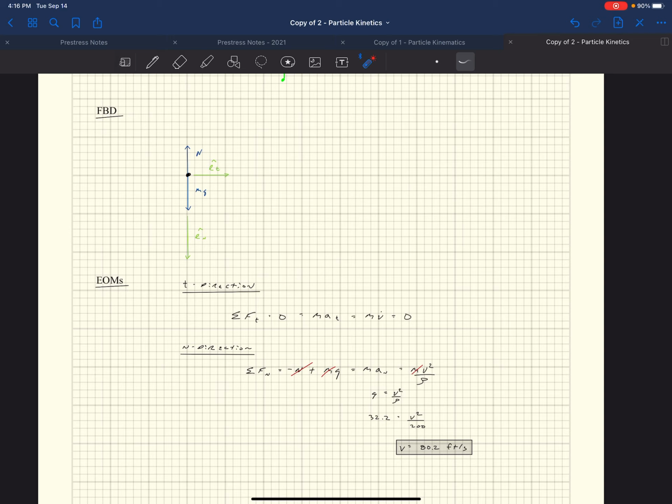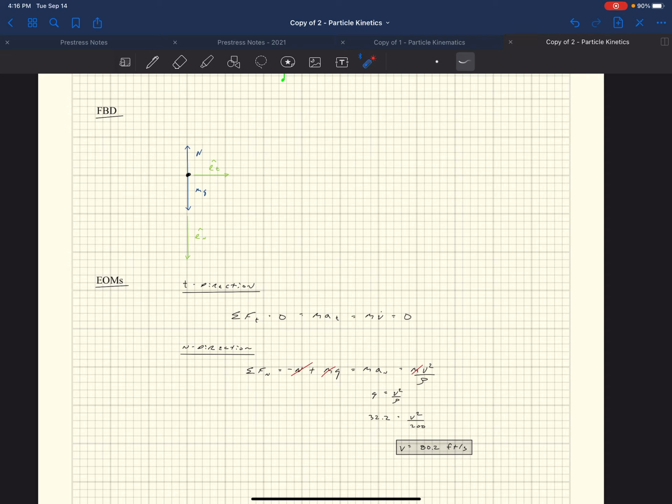Orbital motion, that's the thing that's kind of neat to see. Polar coordinates with F equals ma kind of explains orbital motion, which is pretty neat. All right. I will see you guys all on Friday.